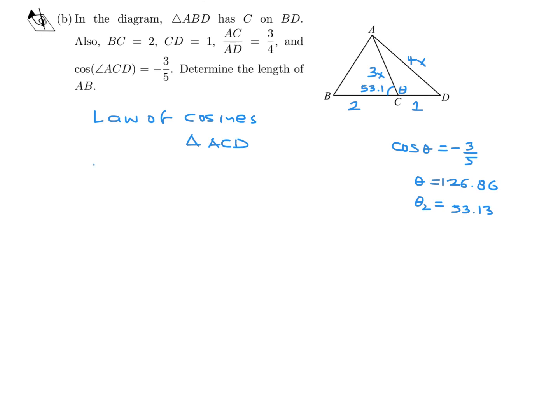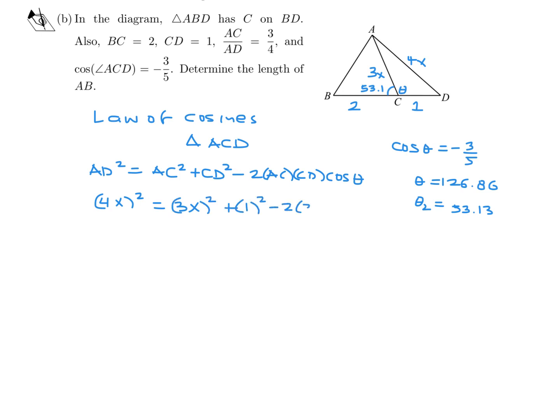That means AD squared is equal to AC squared plus CD squared minus 2 AC CD cos of that theta. So that's 4x squared is equal to 3x squared plus 1 squared minus 2 times 3x times 1 times cos of theta, which they have given you as negative 3 over 5.